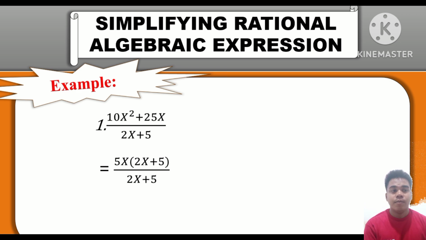We have here a common term, which is 2x plus 5 in the numerator and 2x plus 5 in the denominator, so we need to cancel it out. What remains is 5x over 1, or 5x. So we are done with our example number 1.